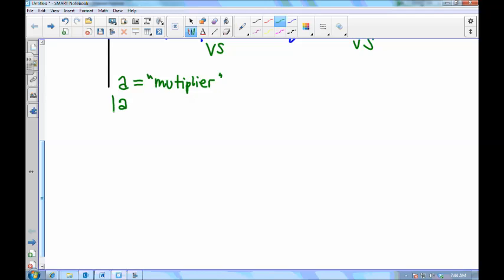When the absolute value of A is greater than 1, what happens to the graph steepness-wise? Steeper. And that's called a vertical stretch.